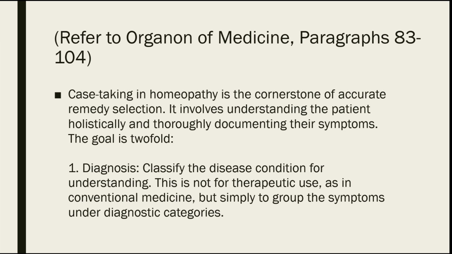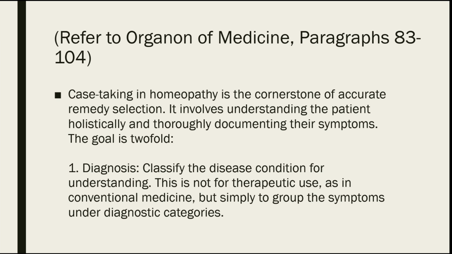So the explanation is, when we learn diagnosis, for us homeopaths, it's not for therapeutic use, because that is actually for allopaths. They diagnose the disease and give the medicine accordingly. But for us, it's not therapeutic, because we are taking the case based on individualism.